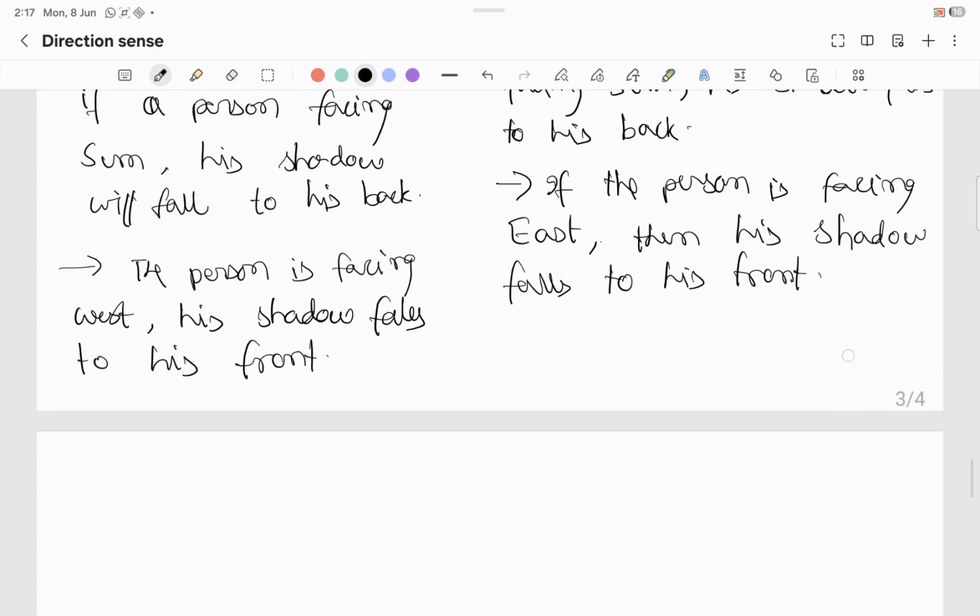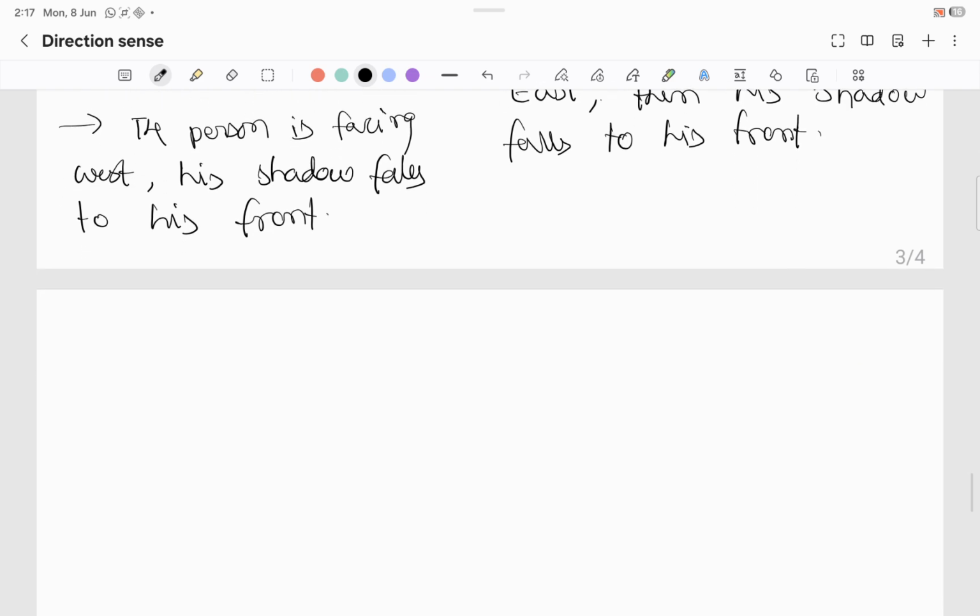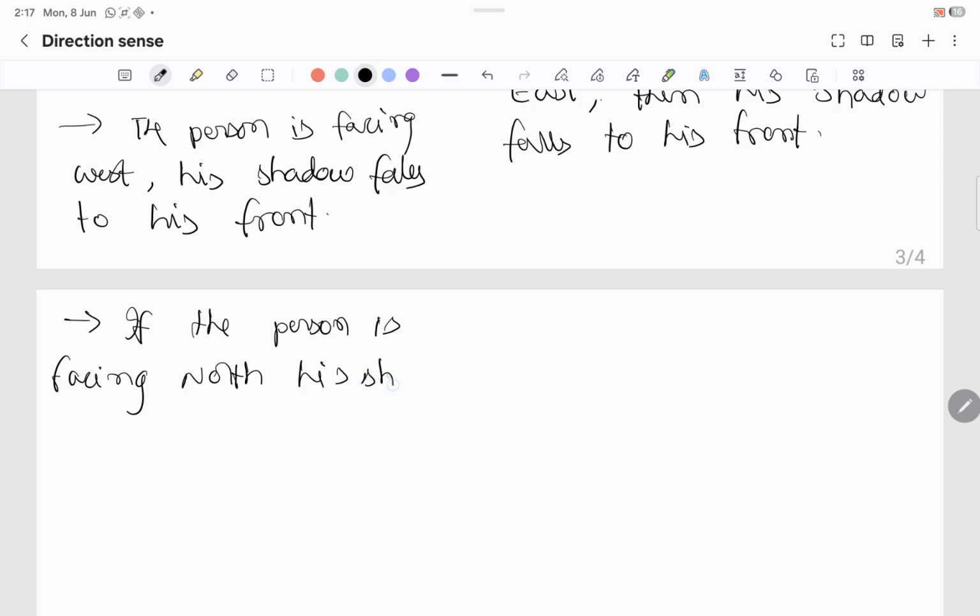Then if the person is, this is sunrise time, if the person is facing north, his shadow falls to his left.